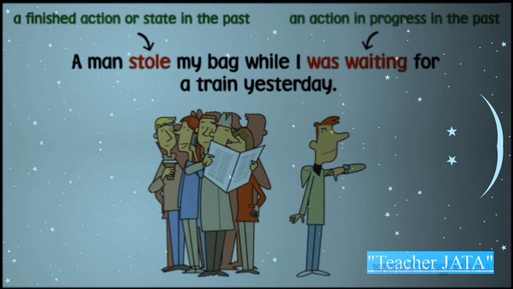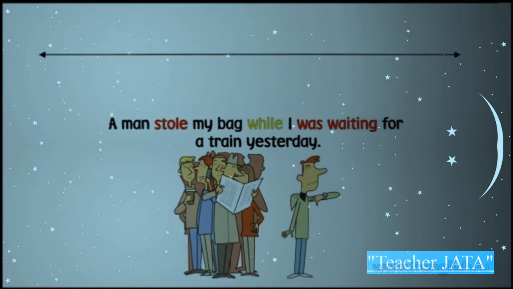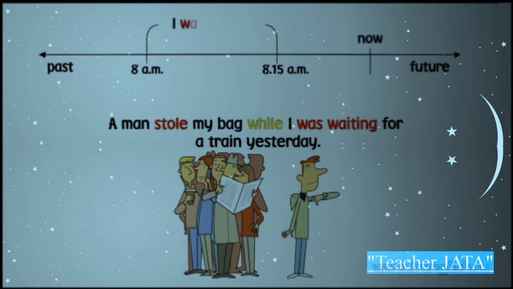We use the past simple and the past continuous together to talk about actions that happened at the same time. We use the past continuous for the longer action and the past simple for the shorter action.